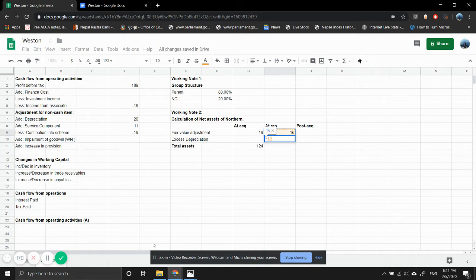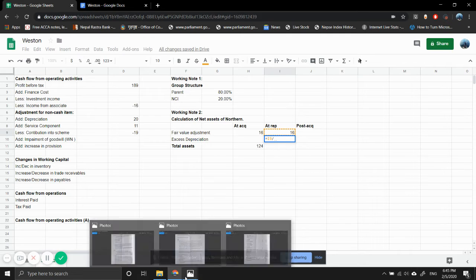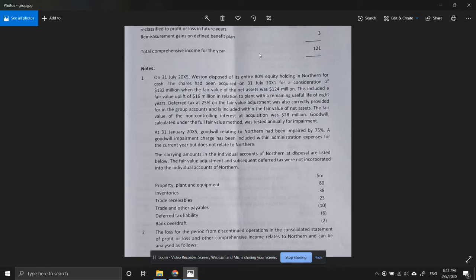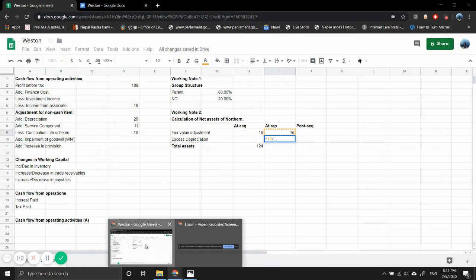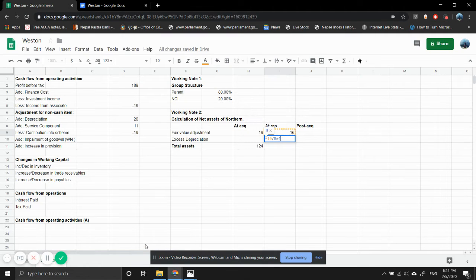Additional depreciation will be this divided by its useful life into how many years have gone by. 4 years have gone by. Remaining life is 8, right? We had counted it earlier, so it will be minus 8. Okay. So this figure will be... we need to do something else as well.